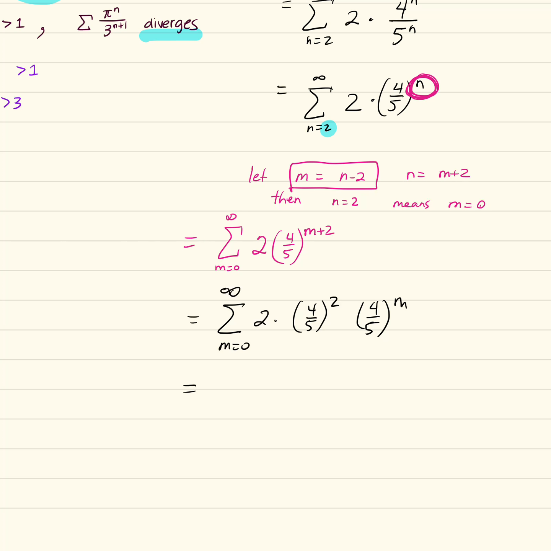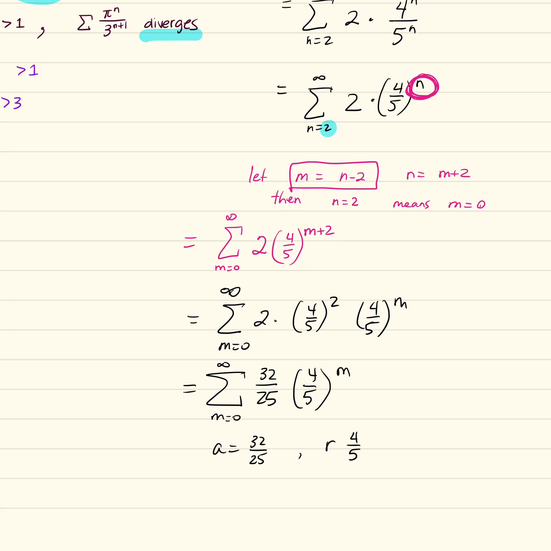So I've got 32 over 25, and then I've got 4/5 to the m, starting at 0. So I can tell that my a is equal to 32 over 25, and my ratio is 4/5.